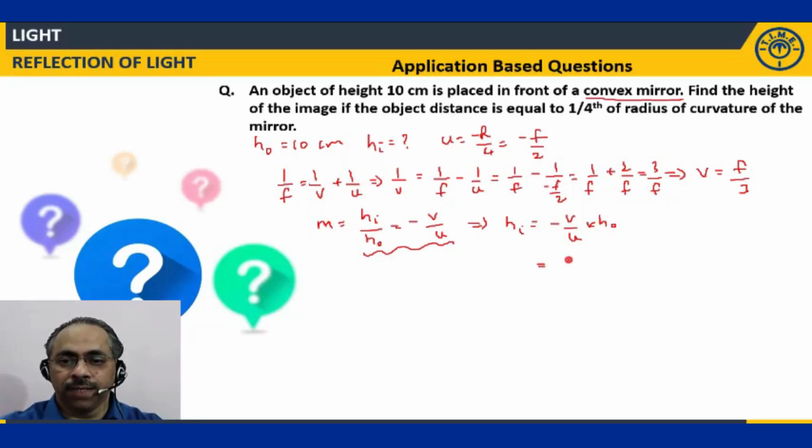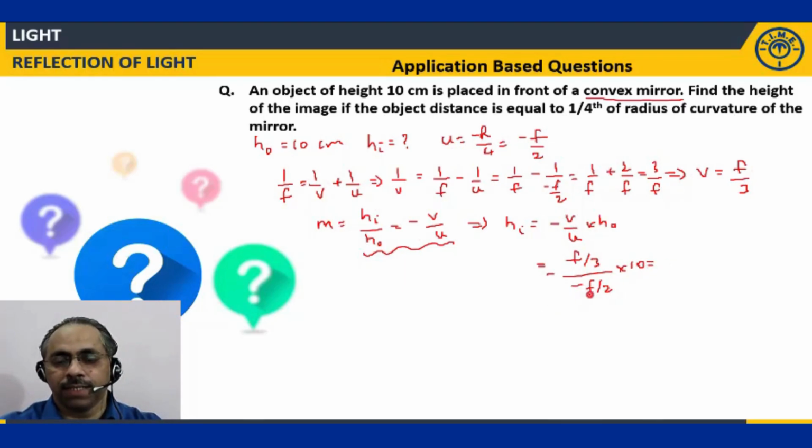But what is V? V is equal to F divided by 3. F by 3 divided by what is U? Minus F by 2. Minus is there here. Minus F by 2. This minus is for this minus over here this way, and U I know it is minus F by 2 into 10.